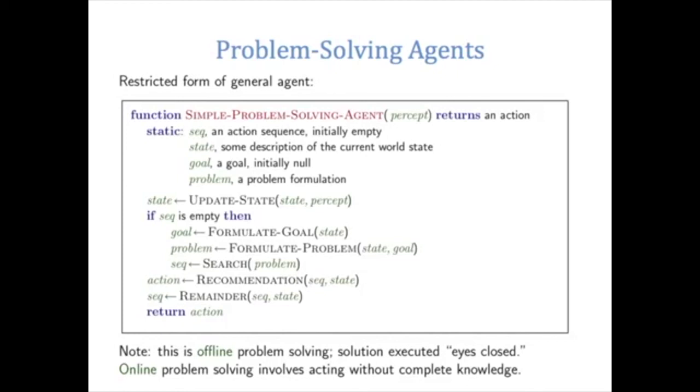We'll figure out the problem to solve from the state and the goal, and then we'll search the problem's formalism and come up with a sequence of actions. And the recommended first act, of course, would be the first action in that sequence given the current state. So basically return the action, iterate, do it again.